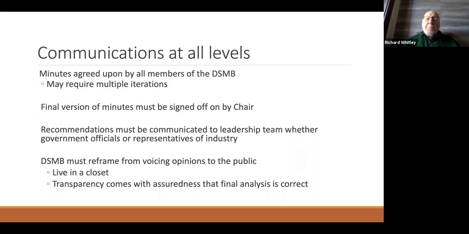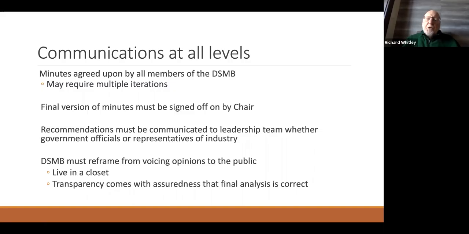Final versions of the minutes must be signed off on by the chair, and the recommendations must be communicated to the leadership team, whether it be government officials or representatives of industry. The Data Safety and Monitoring Board must refrain from voicing opinions to the public. As I say, Data Safety and Monitoring Board should live in a closet.